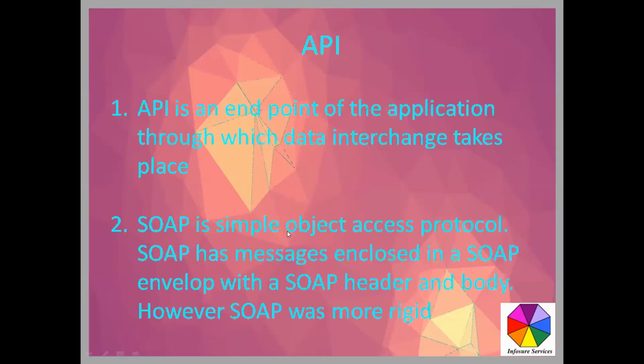Now, what is an API? An API is an endpoint of an application through which data interchange takes place. Meaning over the web, when you have to share data, until the year 2000, most of the messages were sent across as an attached payload.